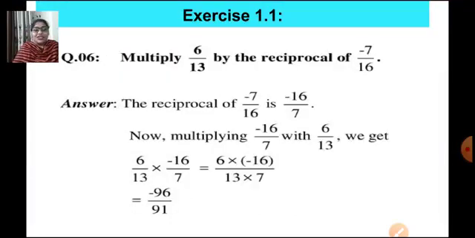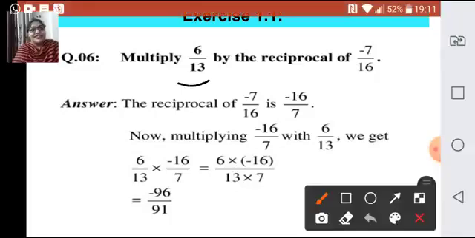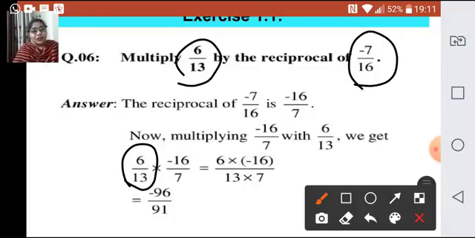This is question number 6 now. Multiply 6 upon 13 by the reciprocal of negative 7 upon 16. So you have to multiply, children, 6 upon 13 by the reciprocal of this. Now reciprocal means multiplicative inverse, right? So it will be negative only, but the numerator will go to the denominator, and the denominator will come to the numerator. So it will be negative 16 upon 7.